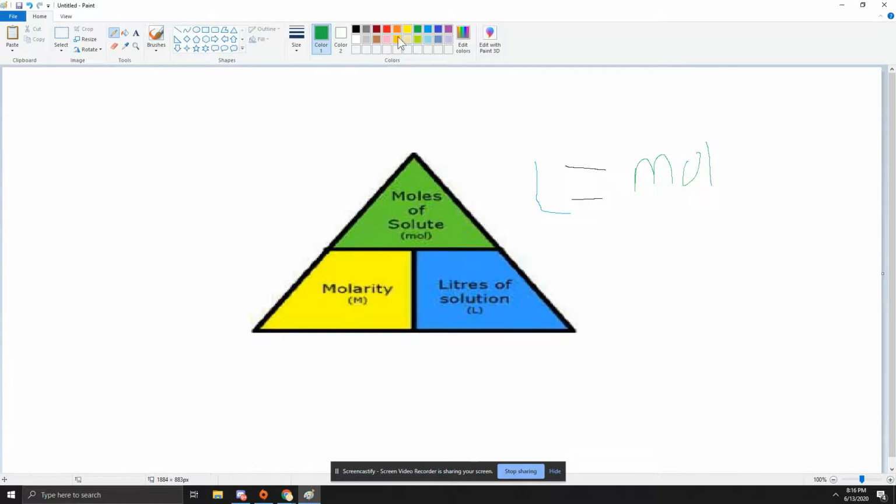He will stand on the top, and he will divide by whatever unit is left, which is M, the molarity. So to figure out the liter of the solution, we can use mole divided by molarity. So that is how to use the molarity triangle to figure out these units.